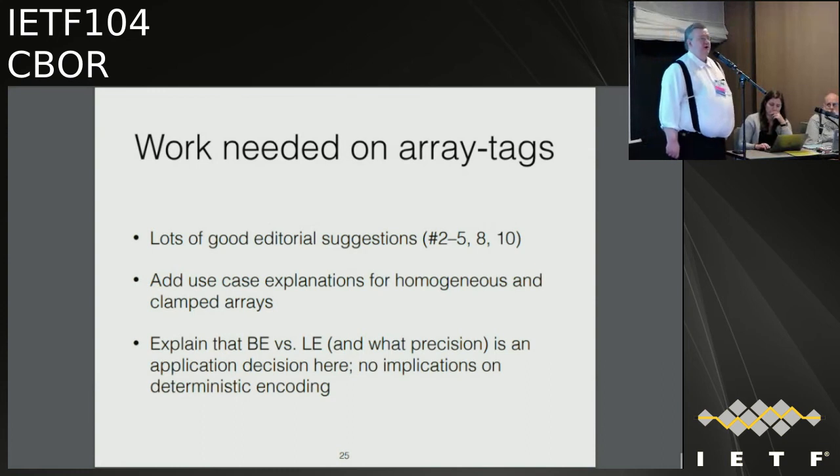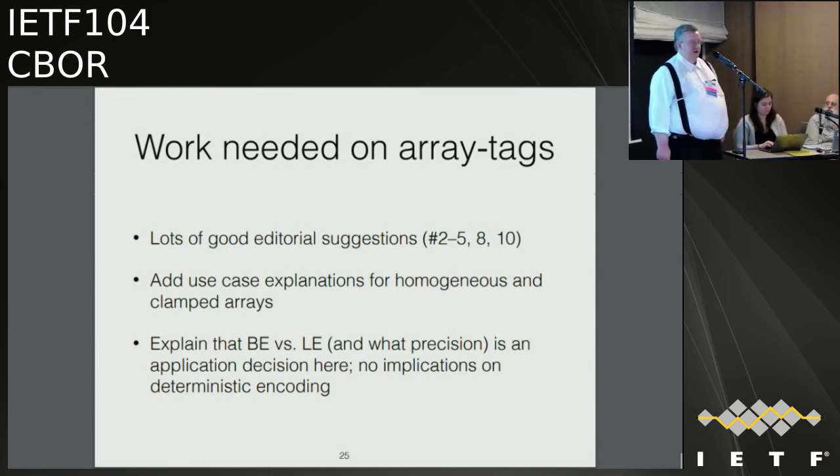The current text that explains that for the clamped tag is really easy to misunderstand. So it's not trying to tell people what the history of the data in that array is. I mean, that's also interesting, but really how they should handle it once it's unpacked again.